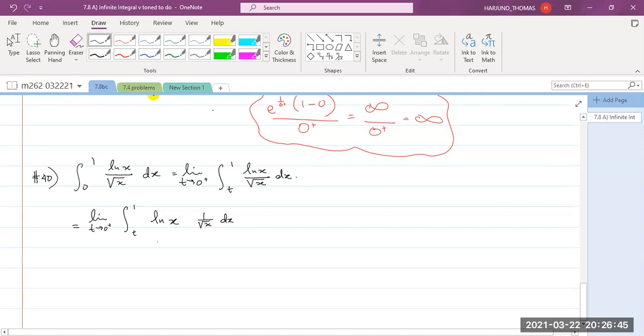So the derivative will be 1 over x. The integral of that will be 2 square root of x. So this equals the limit as t goes to 0 from the positive side of 2 radical x natural log of x from t to 1, minus the integral of 2 times square root of x over x dx from t to 1.